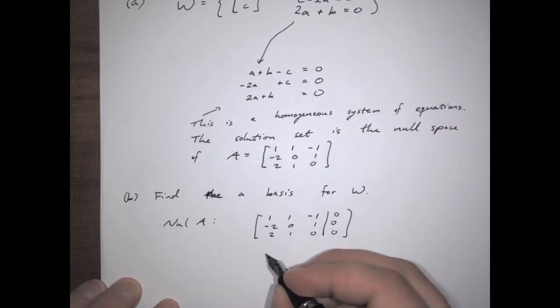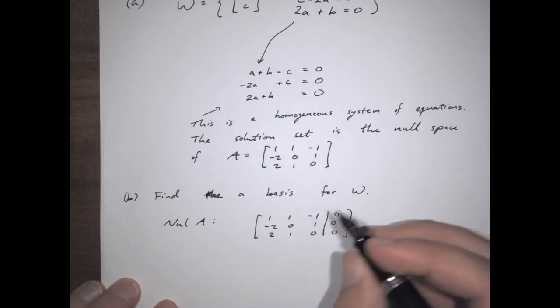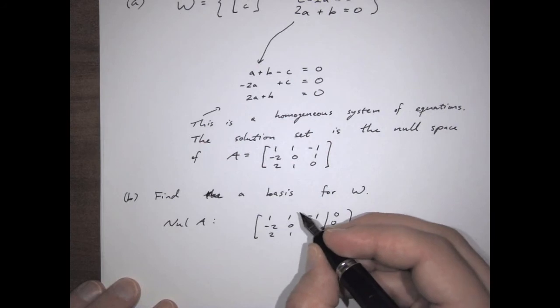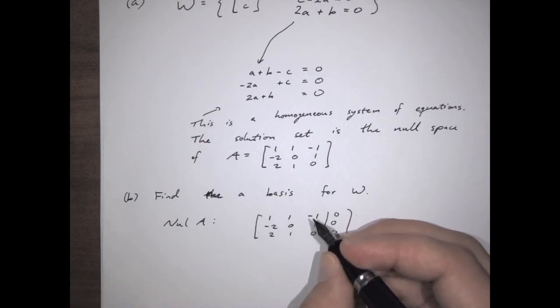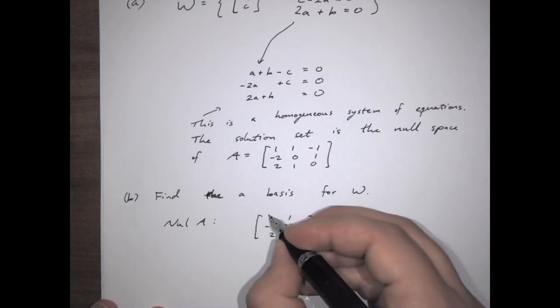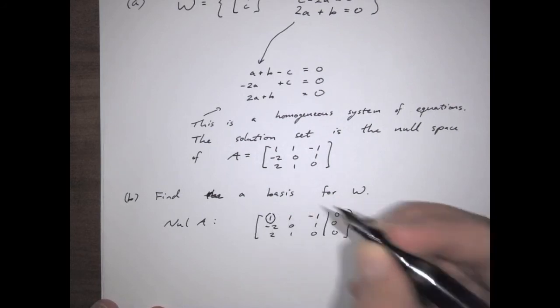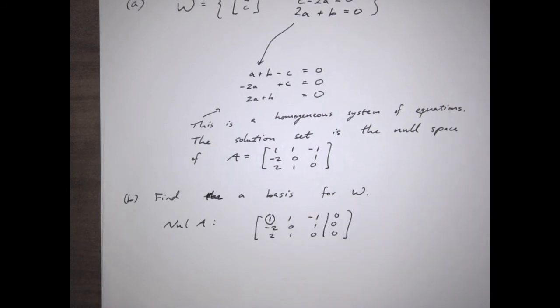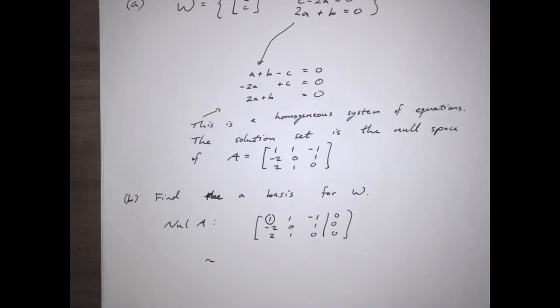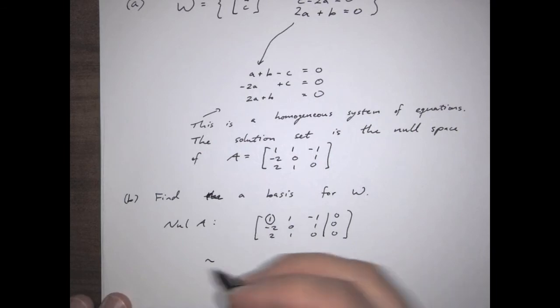And then we would just row reduce it. Some of you like to get very fancy with your row reduction, but you don't have to get very fancy, and it's not so hard. You can just take the pivot and use it where you need to use it.